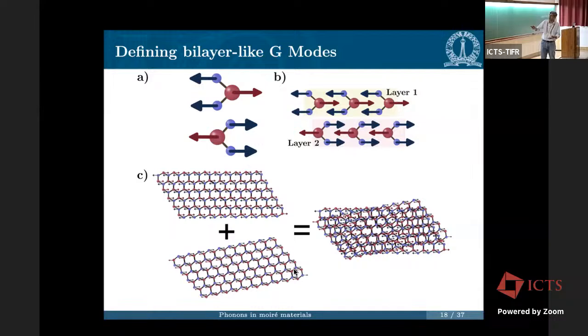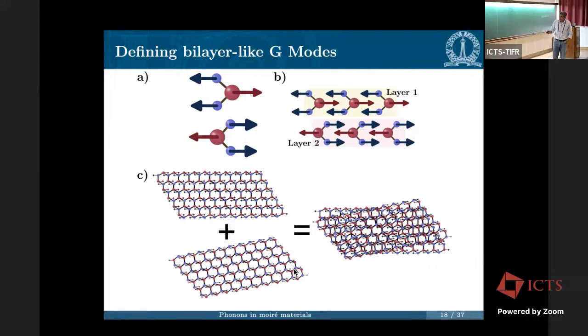So I know what a G mode for a bilayer looks like. It looks like this, right? All the chalcogens moving in one direction and the opposite direction in the other layer, and let's say in this case the tungsten atoms moving in opposite directions as well.